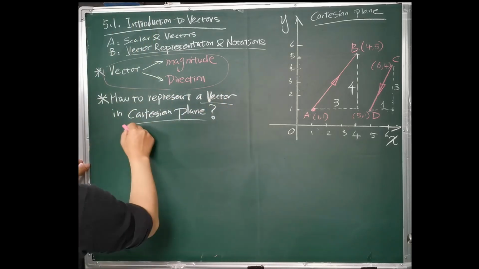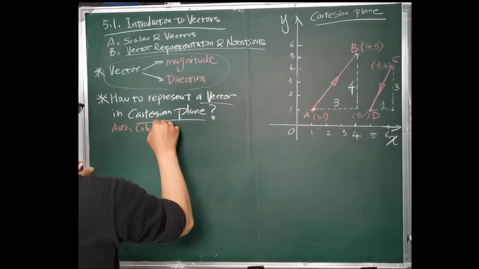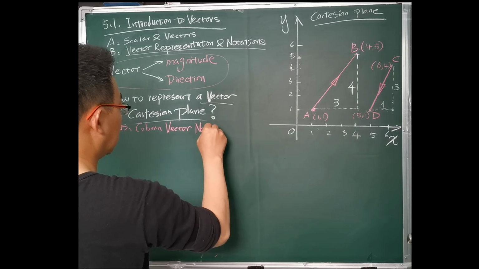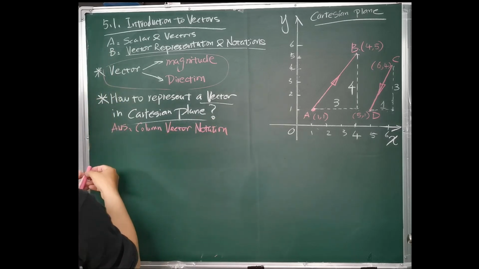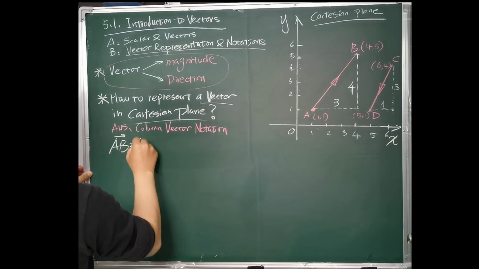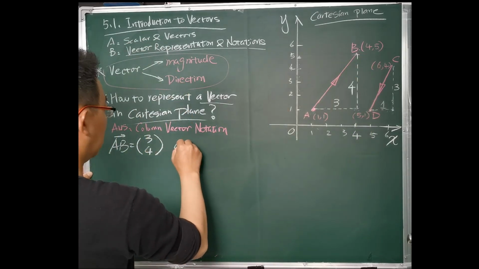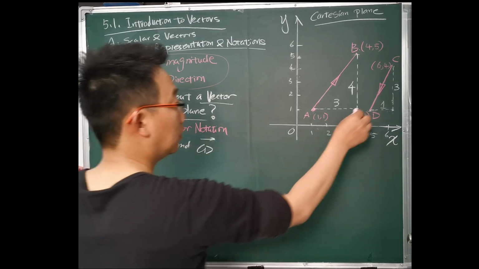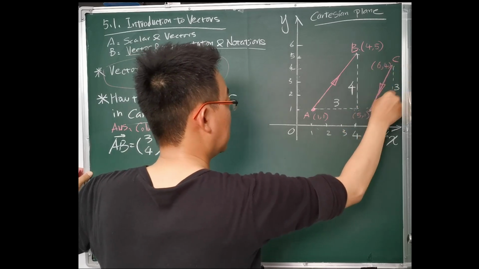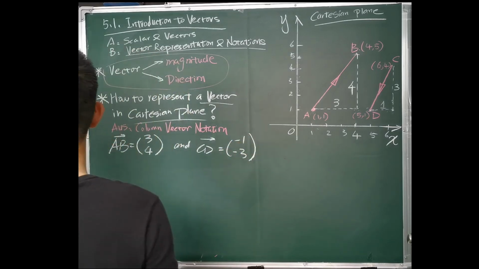So the answer: CD is going this way and downwards. It is (minus 1, minus 3), right?